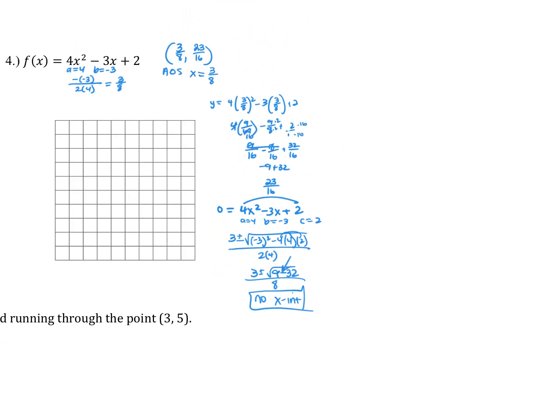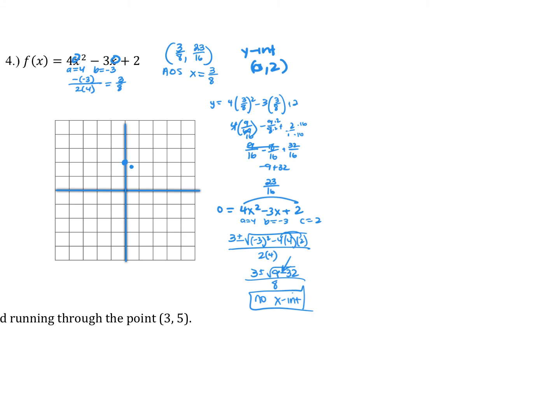And then the y-intercept, just plug your zeros in, and I get 0, 2. So I only have a little bit of information to plot. I don't have as much as we normally do, which means I'm going to plot that stuff. So 3/8, and then this is like 1 and 7/16. 0, 2 is my y-intercept.